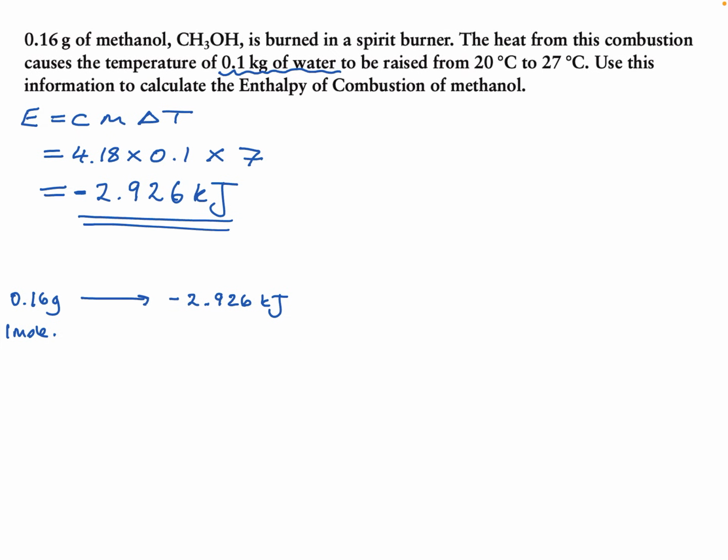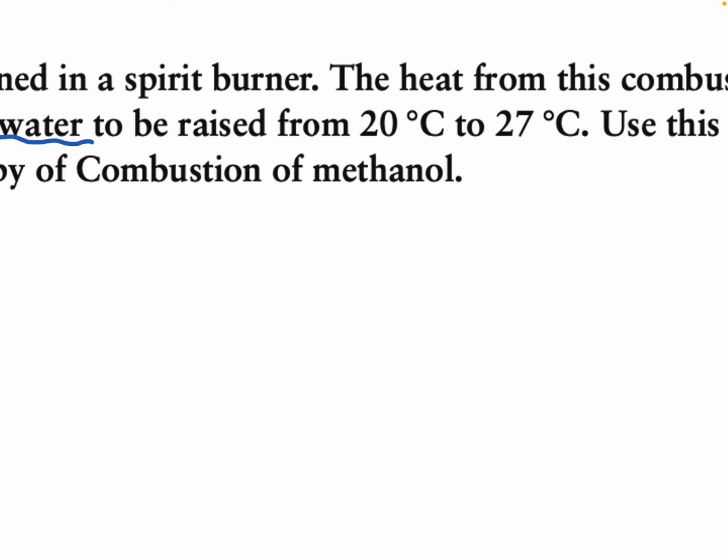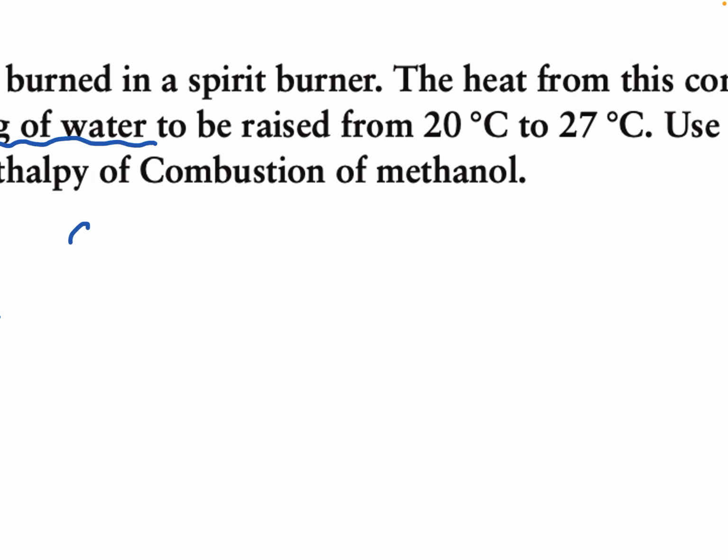And to do that, we need to understand we're using methanol, and we've got the chemical formula for methanol here. What we're going to do is work out its GFM to work out the mass of 1 mole, and then we're going to use a proportion to work out the enthalpy change for this reaction. So I'm going to do my GFM up here, so it was CH3OH.